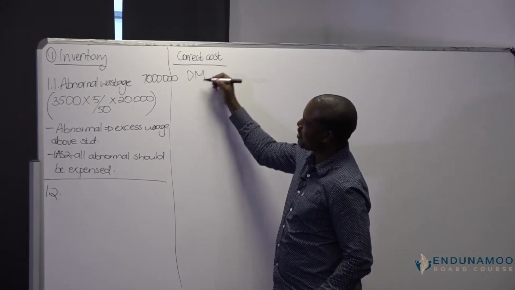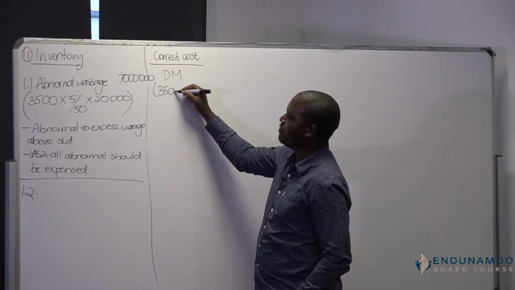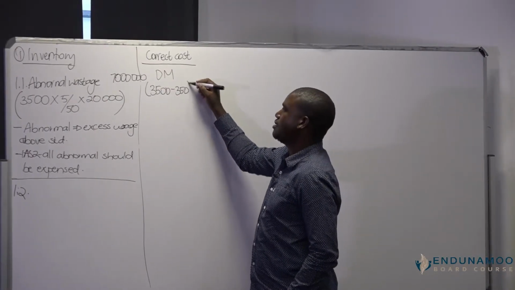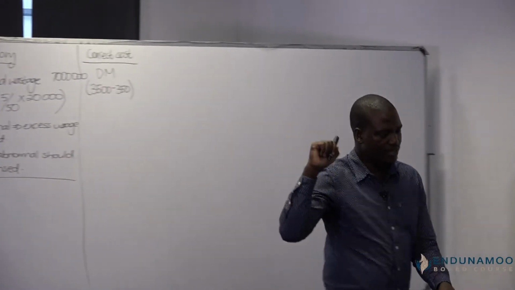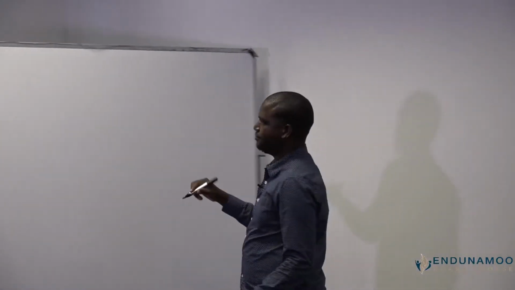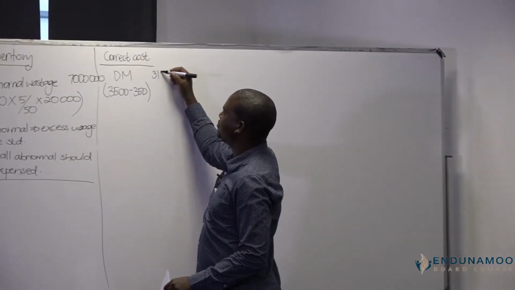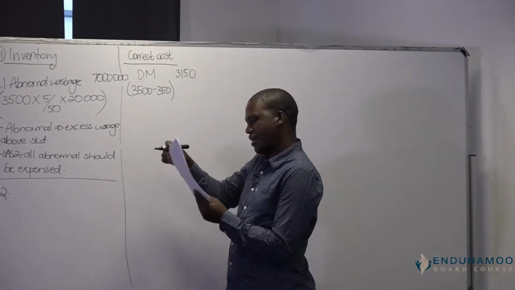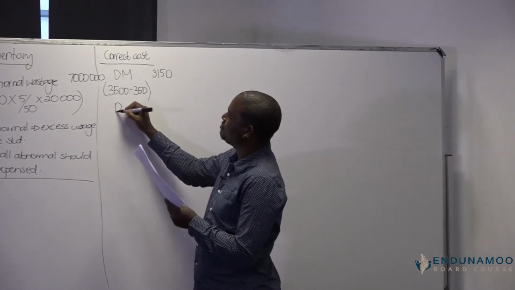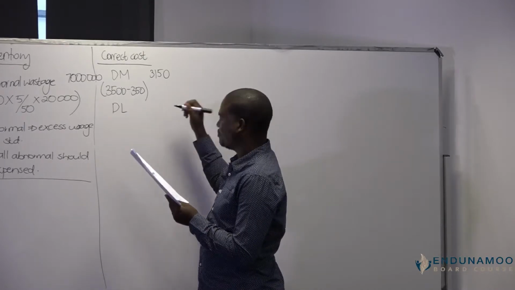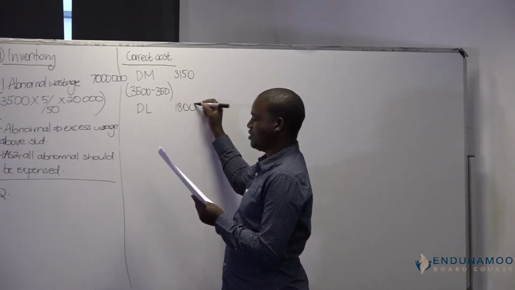So direct material is 3.5 minus 350, which gives 3,150. Then the direct labor is 1.8, we don't have any issues there.